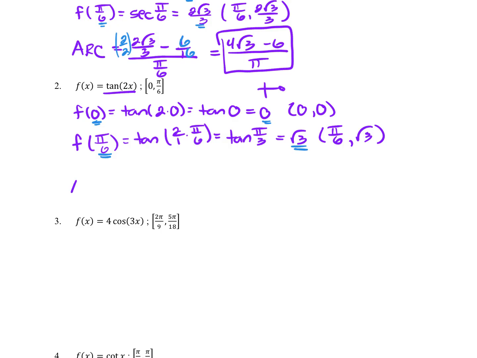So now our average rate of change, radical 3 minus 0, we don't really even need to write the minus, over pi over 6 minus 0. Sometimes this throws students off.